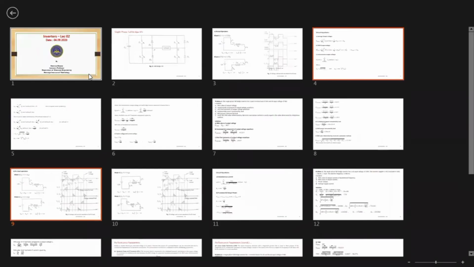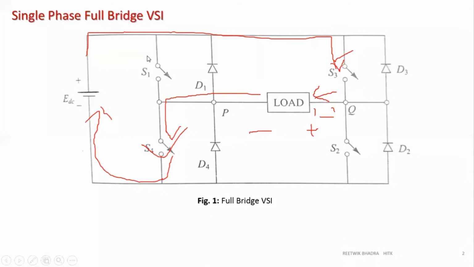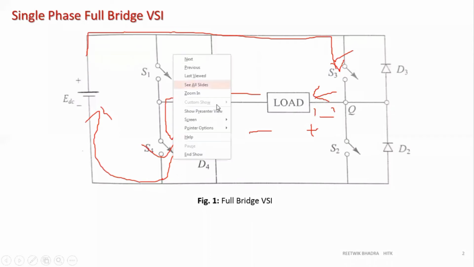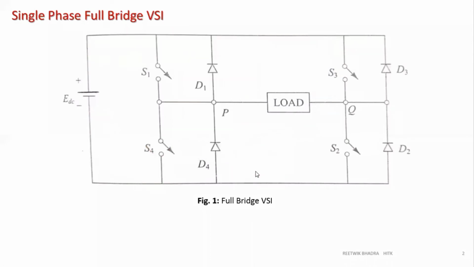So if you go to this figure over here, recall yesterday's fact, what we did, how the inductors were discharging. Tell me, if through S1 and S2 the inductor is charging, which diodes will be on while discharging?